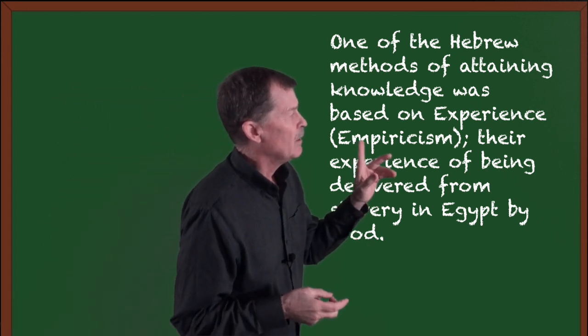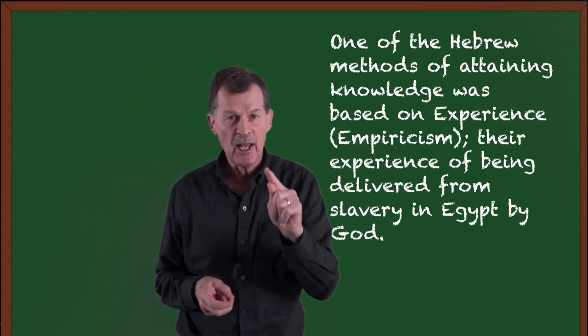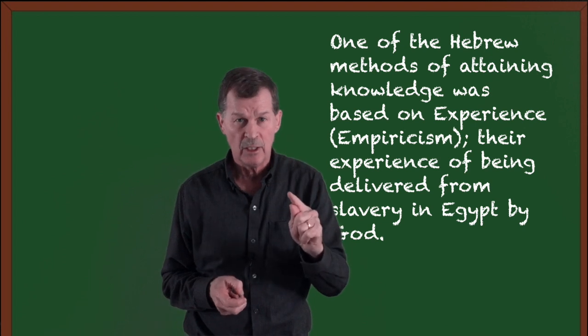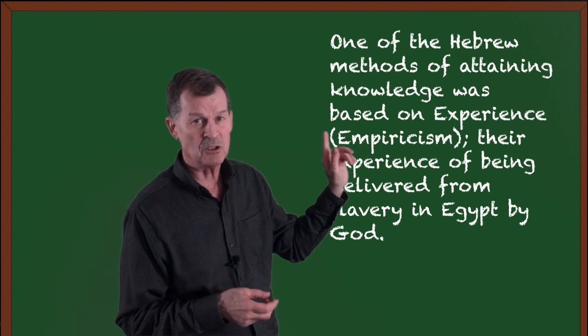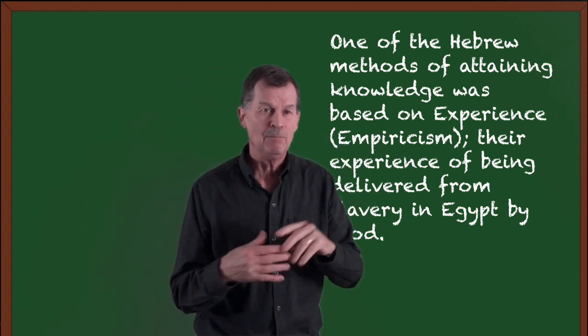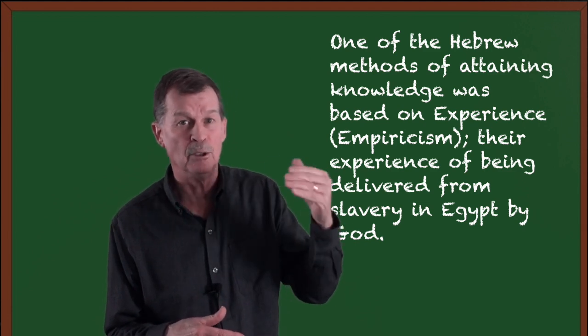So what we're saying here is that yes, they did have a method of gaining reliable knowledge, and part of that method was based on empiricism. But empiricism was not a method that generated reliable knowledge.